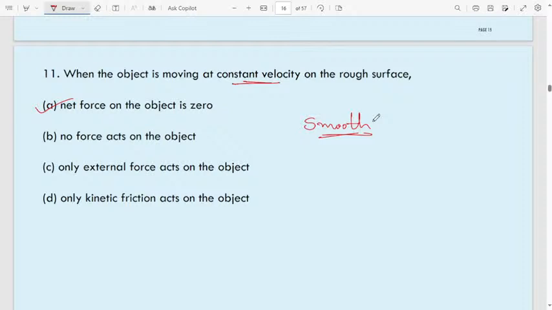Consider a rough surface where the object is moving with a constant velocity. Then they are talking about the net force. Sometimes the individual forces will be increasing or decreasing, but here they are asking about the net force. The net force on the object is always 0.